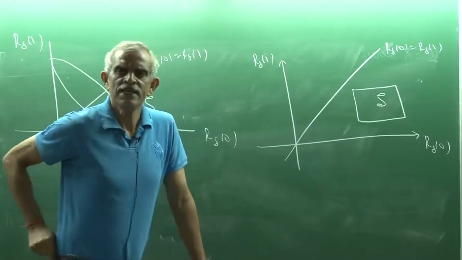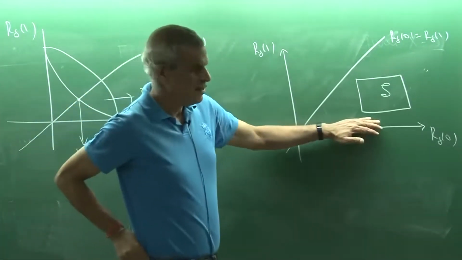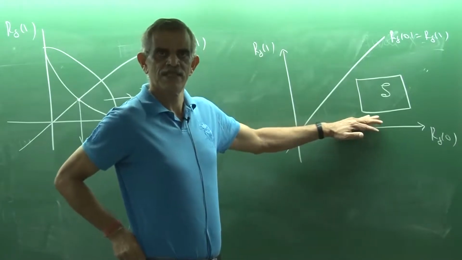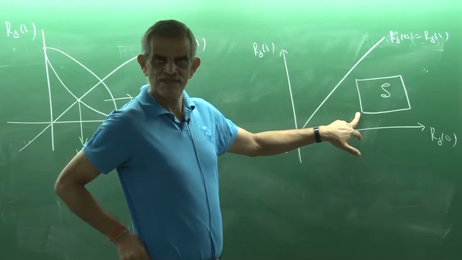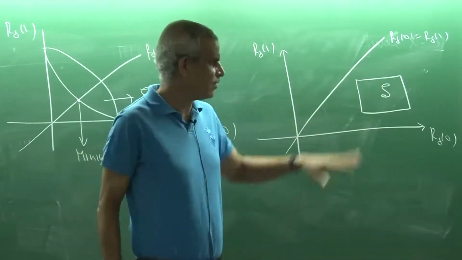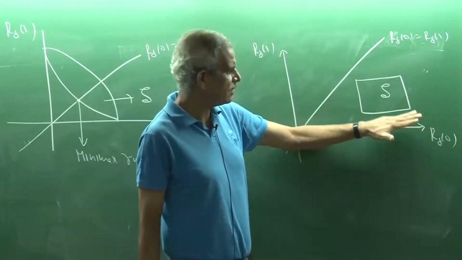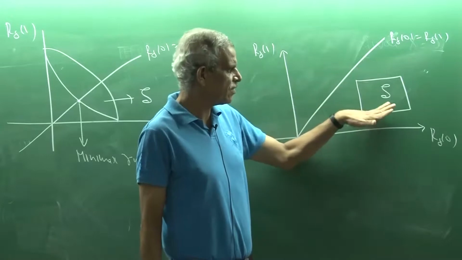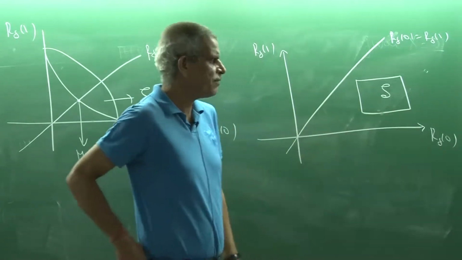So for any decision rule delta, what would be the maximum risk? Maximum risk will always be greater, this is the reason x greater than or equal to y. So the maximum risk will always be R delta 0, because this is the x equal to y line, and if the risk set is lying just over here, then maximum risk is the x-axis, which is R delta 0.